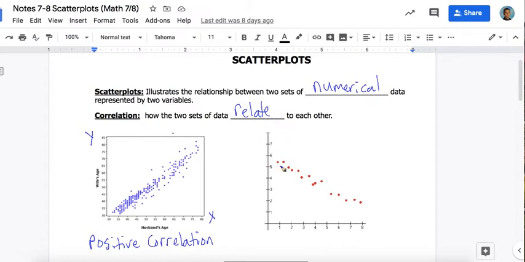Now here, as one set of data decreases, the other set of data is increasing. Then this is an inverse relationship. So this is a negative correlation.